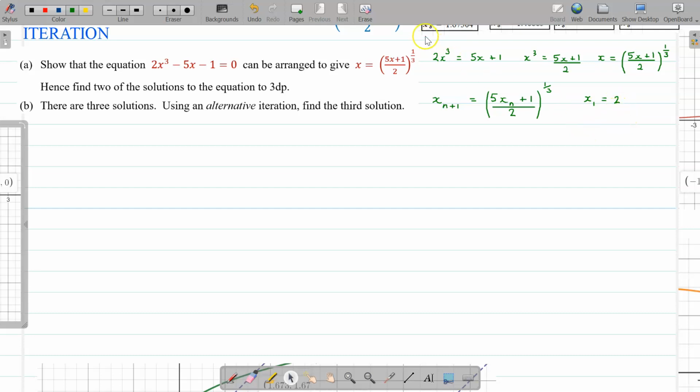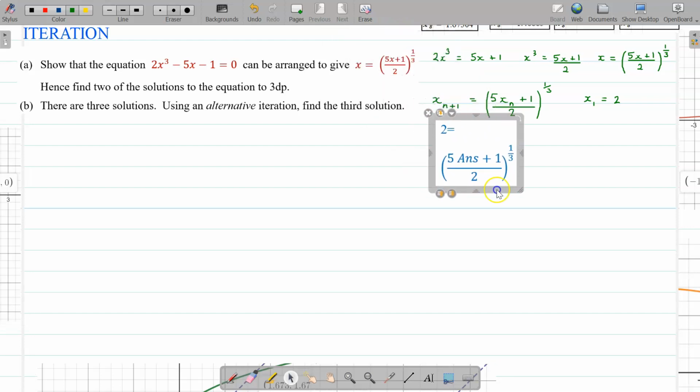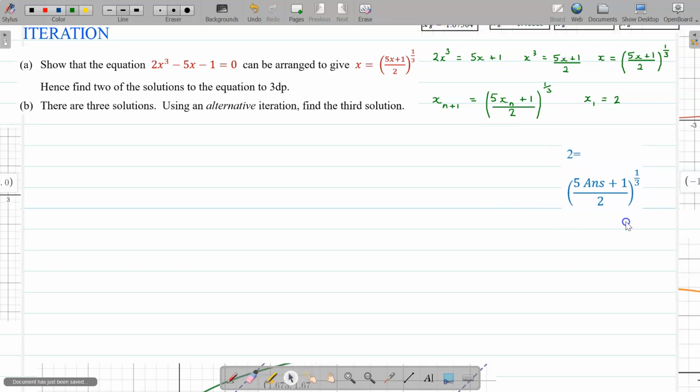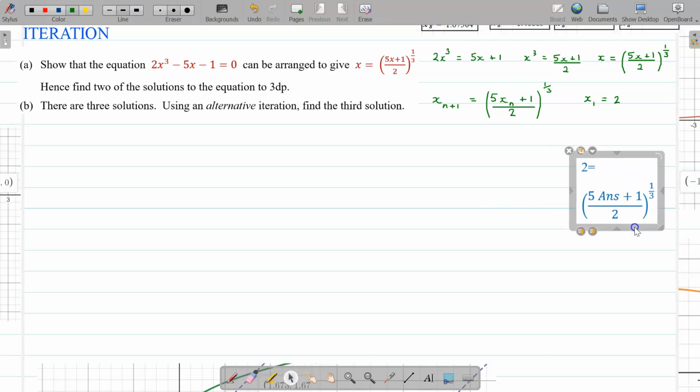So in the calculator, this is how I operate this process. I don't have to keep typing the formula in. So I go to the calculator, switch it on, and literally type this in. 2 equals will store an answer in the calculator of 2. And then I apply this. I put 5 times answer plus 1 over 2 all to the power of a third.